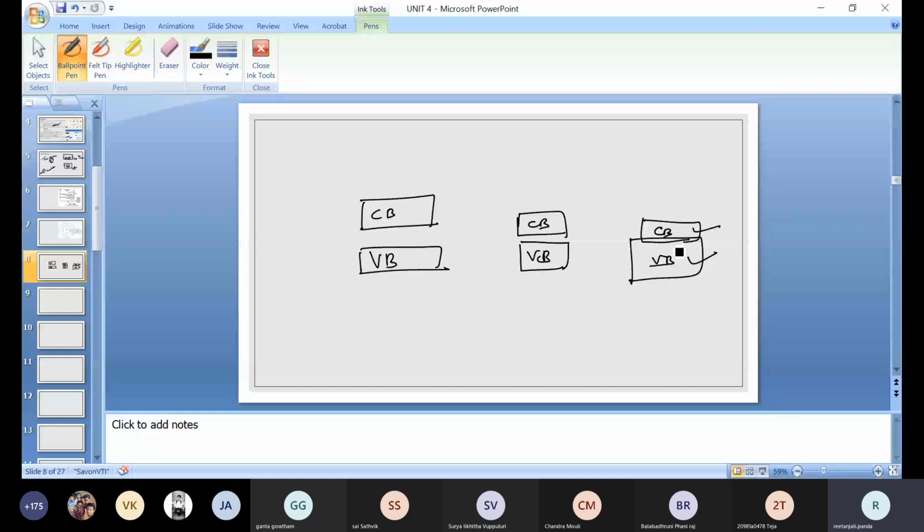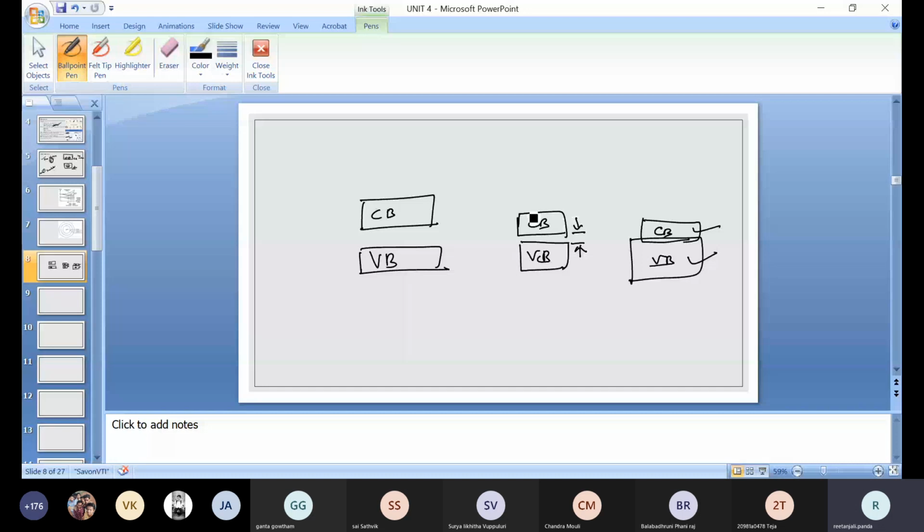That means no external source of energy is required to make the electron present in the conduction band, because the conduction band itself is overlapping with the valence band. That means free electrons are present. Here there will be a very small energy gap. So if we supply a little bit of energy, the electrons present in the valence band will jump to the conduction band and start carrying electricity.